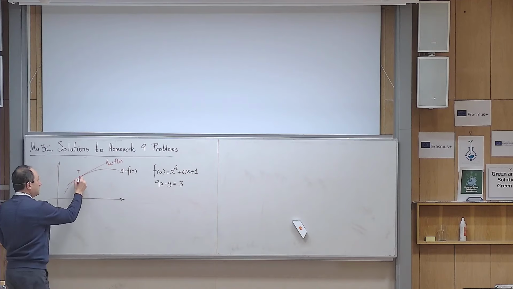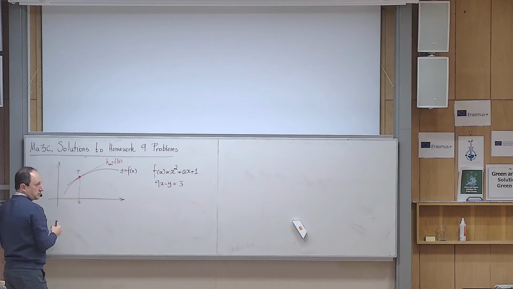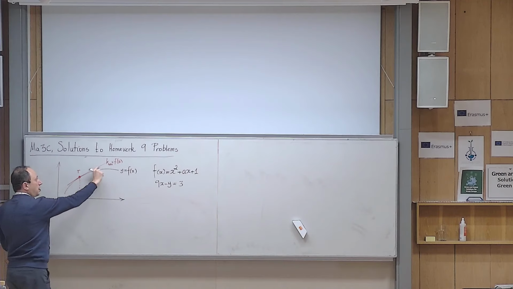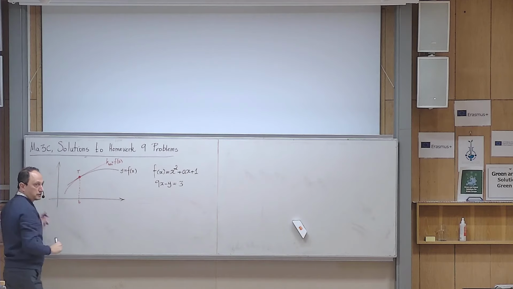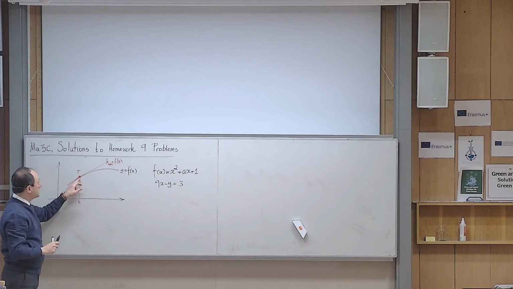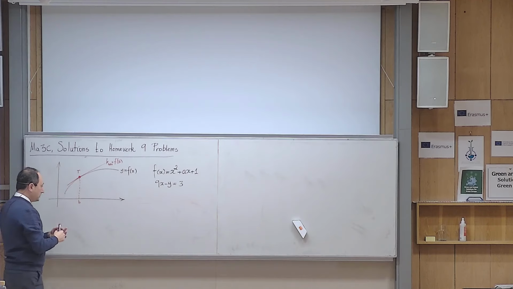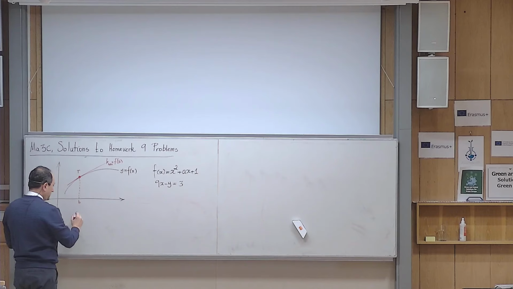But remember, this point is always on two functions. One function is the curve that you see. Another function is this line. This is still a function. That's also a function. So if t is the point of tangency, remember this as a remark. So let me write the remark.